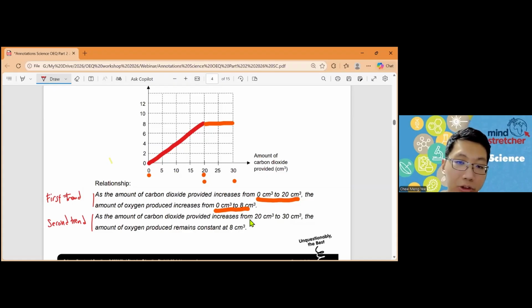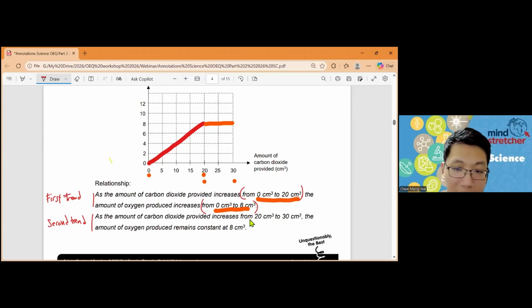Now the thing about two trends is that you need to specify some values. Otherwise, the examiner will not know. If you don't state values, it becomes very vague. For example, if I don't write these values from where to where, it becomes: as the amount of carbon dioxide provided increases, the amount of oxygen produced increases.